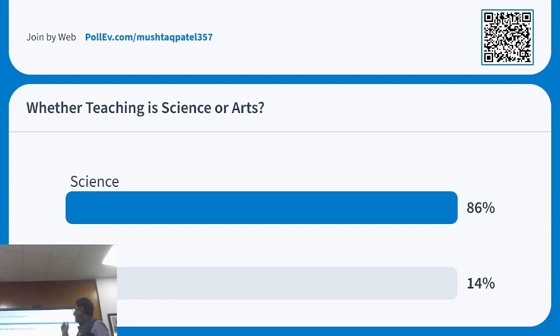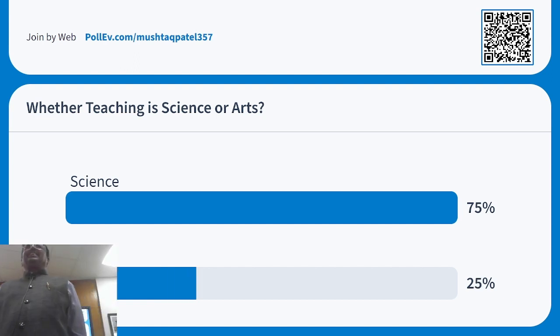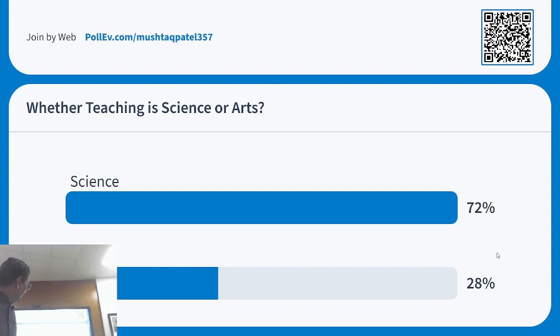Whether teaching is science or arts. No, no, it can be anything. Perspective differs. Whether teaching is science or arts, only two options are there. Either science or arts.